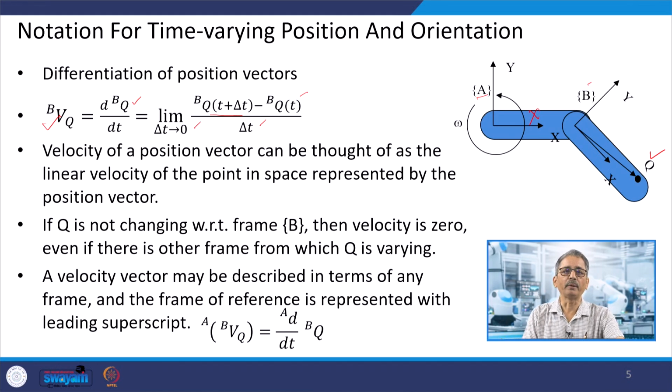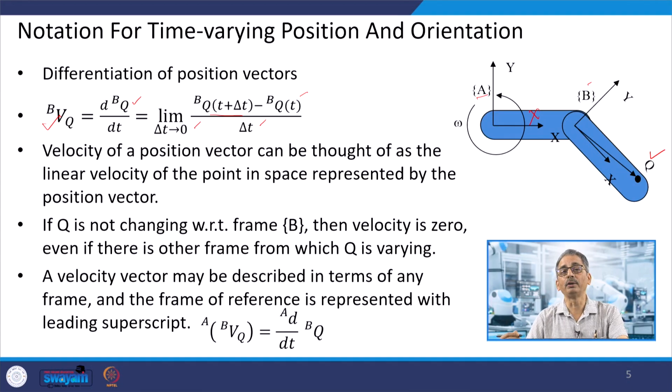So, the velocity of a position vector can be thought of as the linear velocity of the point in space represented by the position vector. That is the notation we are going to follow.